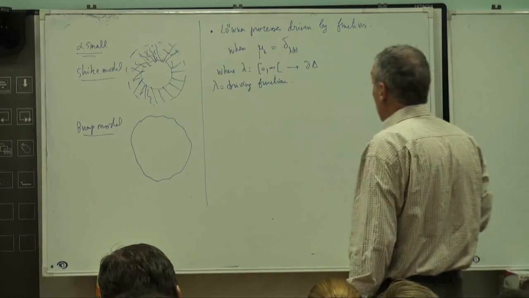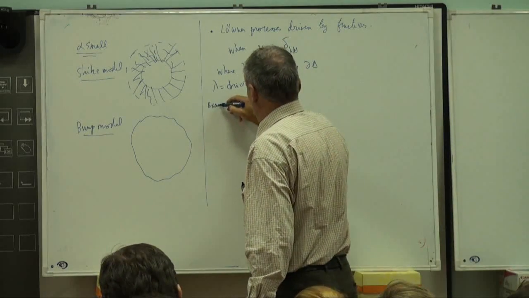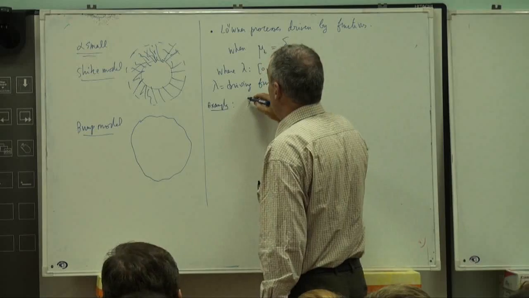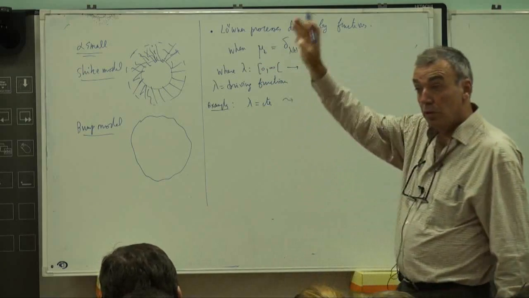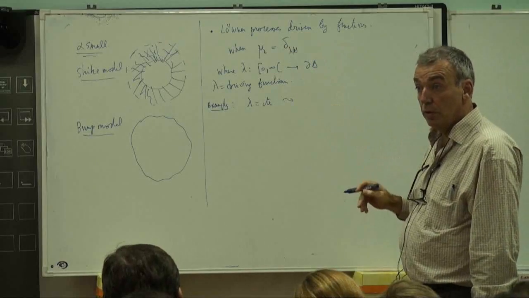So, examples. We have seen yesterday that if lambda is constant, then we have just growth along a line.